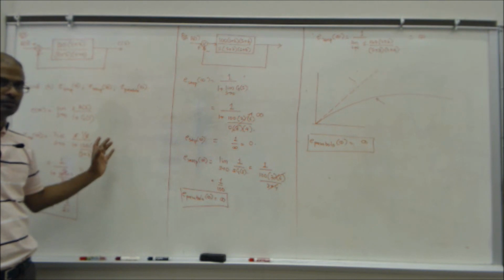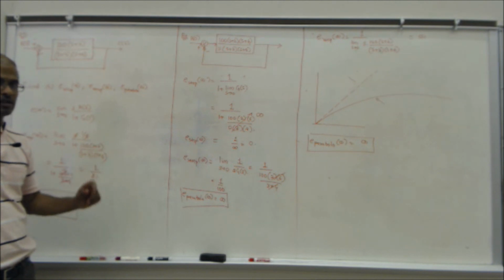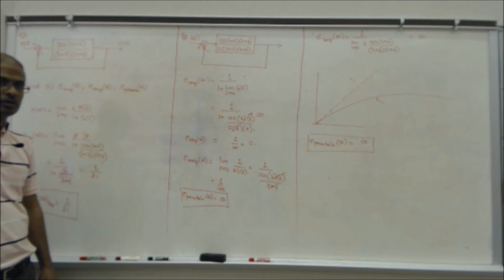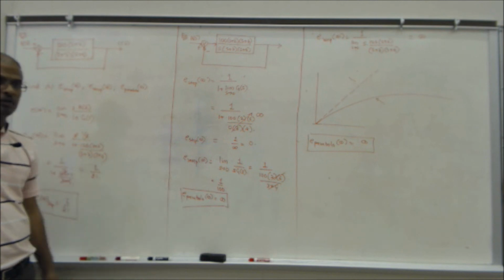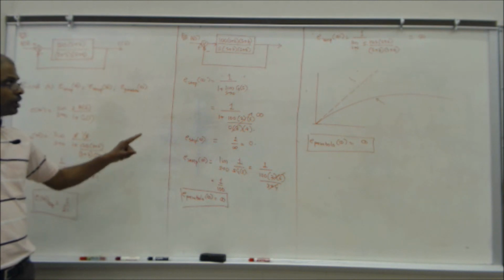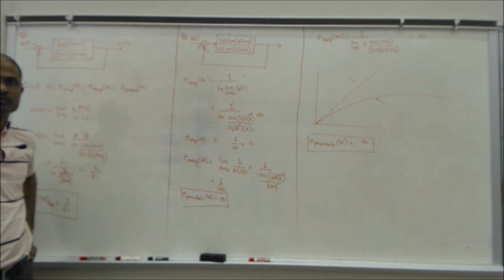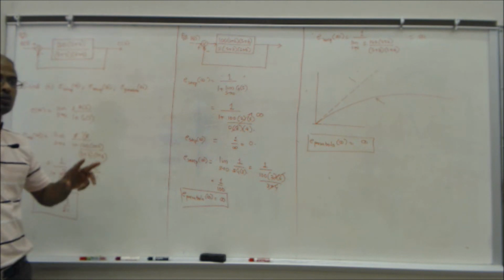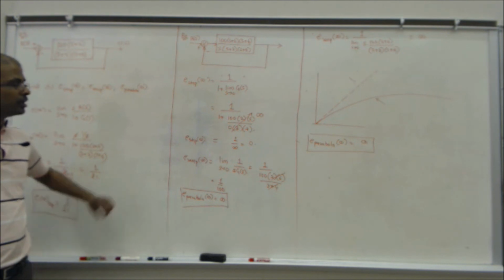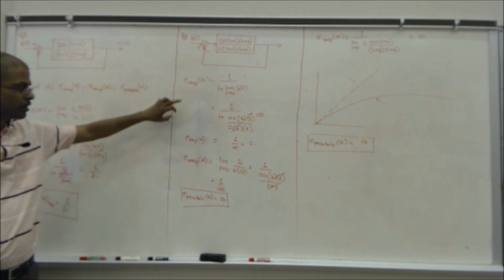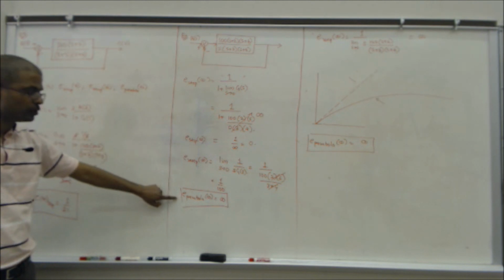If there is one integrator term, just one, that means 1 over S. The steady state error for step input is 0. The steady state error for ramp input is finite. And the steady state error for a parabolic input is infinity. And there will be one more case where it will be 1 over S squared, that is 2 pure integrators. In that case, this will be 0, this will be 0, this will be finite.